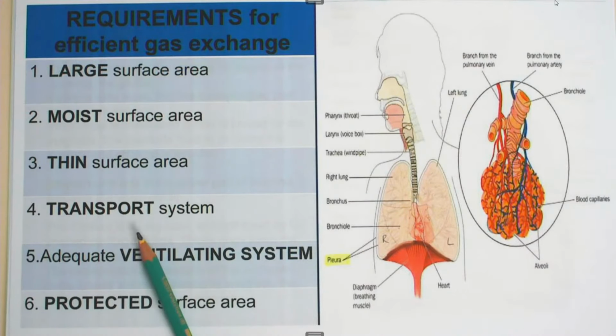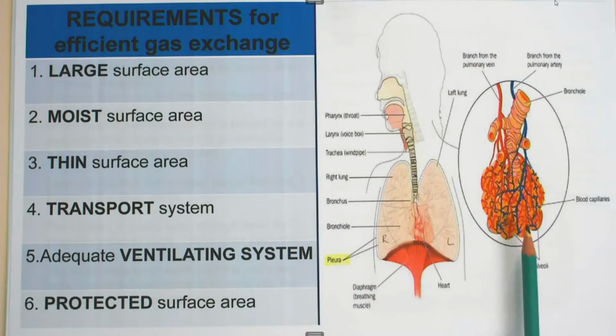The next one that is very important is the transport system, and the transport system that we have in our lungs obviously is the capillary system. Okay, there you can see blue sections and red sections. You must remember that the blue sections would be the CO2 rich blood, and the red sections would be the oxygen rich blood.